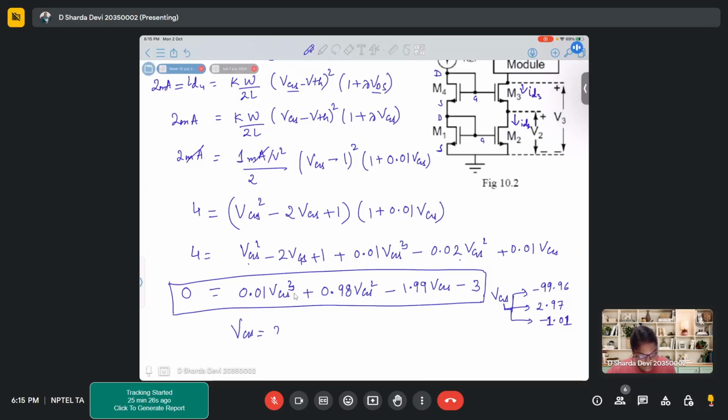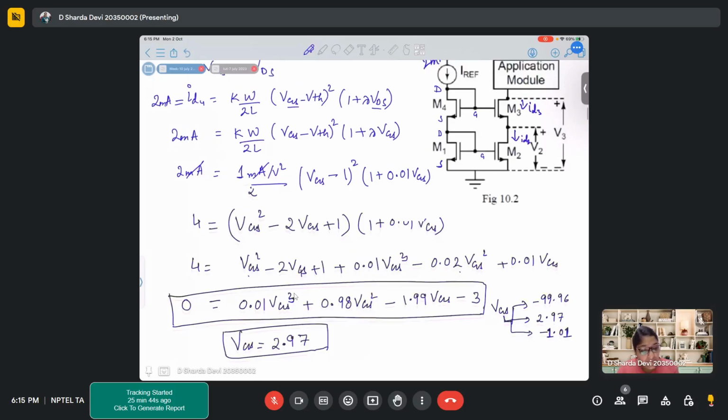So VGS is 2.97 because the other values are, first of all, negative and we have NMOS here, so we should get a positive value. So that's why the other two will be discarded. So we have VGS as 2.97 volts.